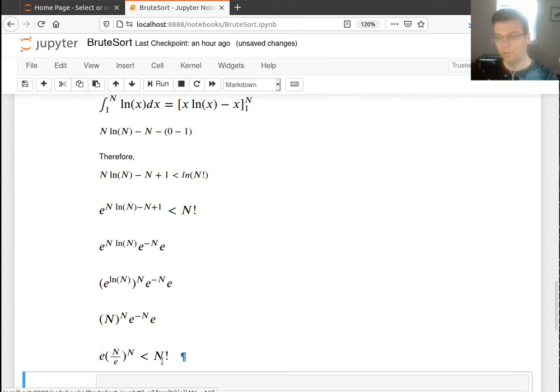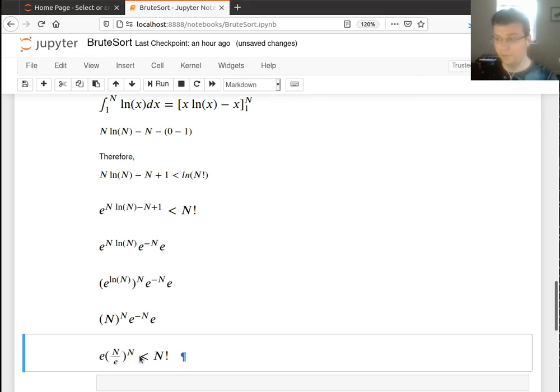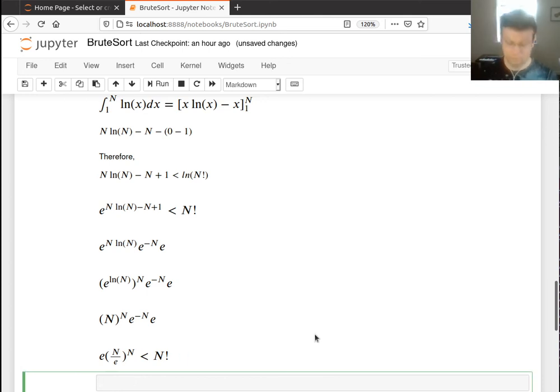Alright, so remember what I'm trying to show is that any exponent is little o of n factorial. If I show that that exponent is little o of this, then I will have shown that by extension. So let me review really quickly what the burden of proof is for me.